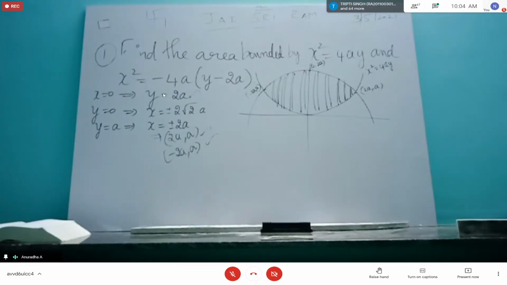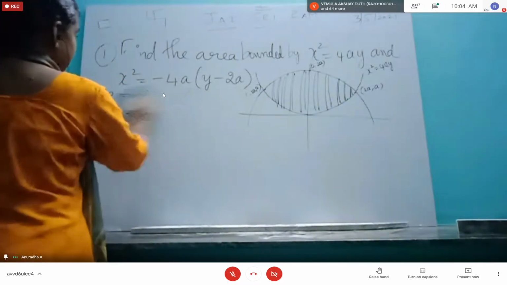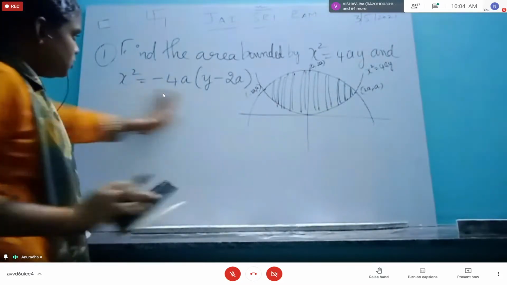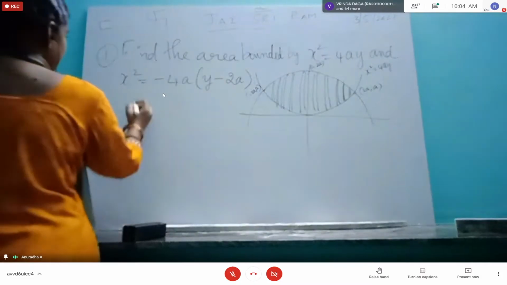Can we write the limits? Yes, ma'am. So this is all rough work. Now we are not having any scan and upload, so you can scribble however you want.